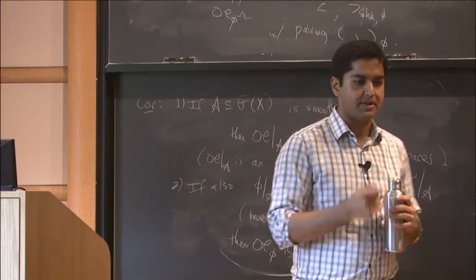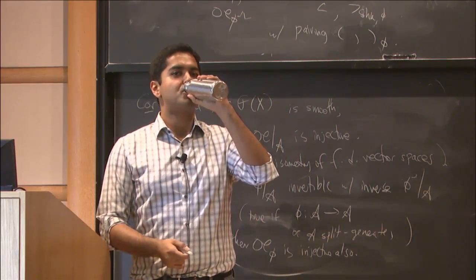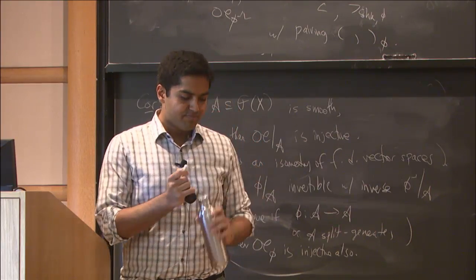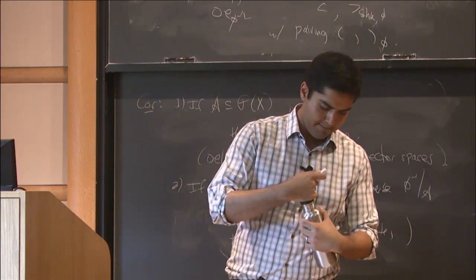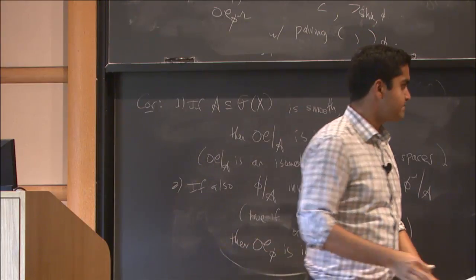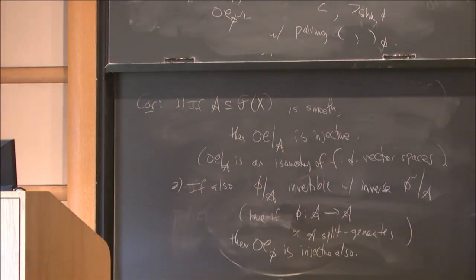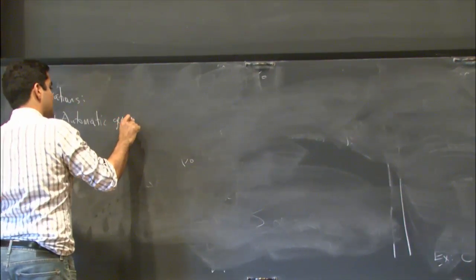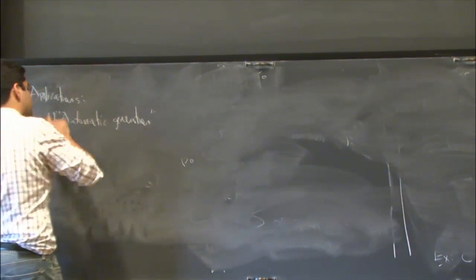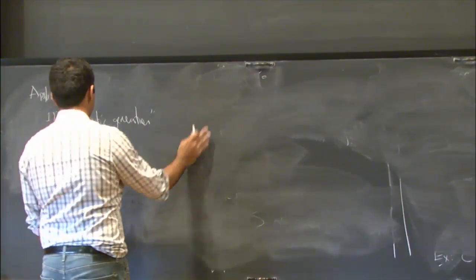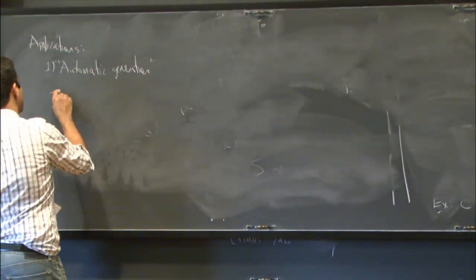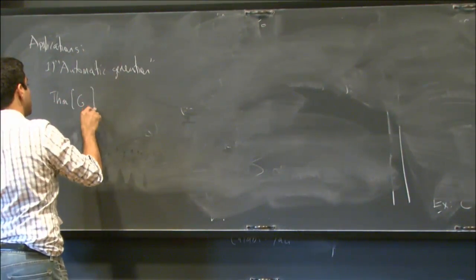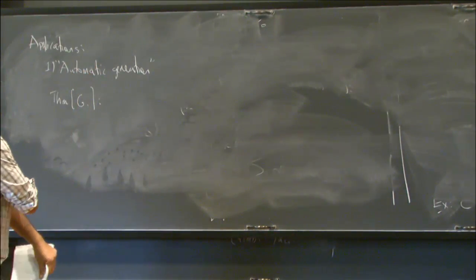OK, so I'll state some applications of this. There are various automatic generation type statements you can write down. Here's a version of it for compact symplectic manifolds.